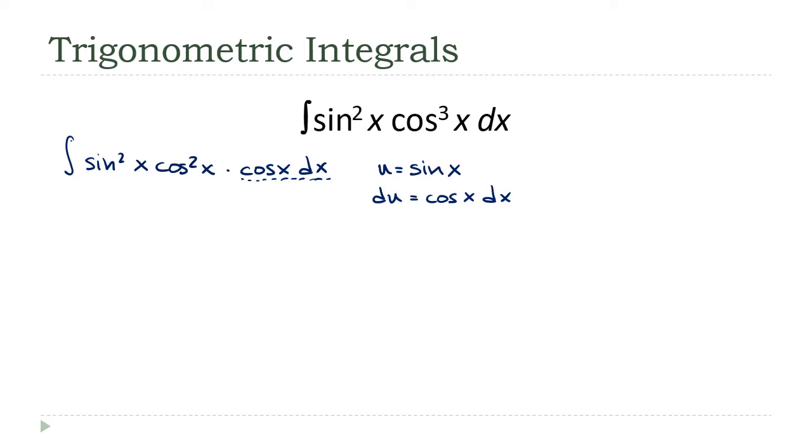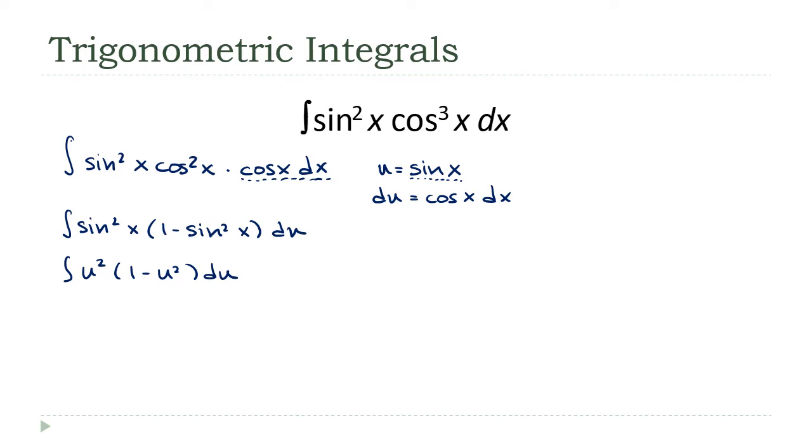And then over here, remember, I'm going to substitute u for the sine of x, so it's that cosine squared of x that I need to go away. So I'm going to make this the integral sine squared x times 1 minus sine squared x, and make this du. Now do the u substitution. This will be the integral u squared times 1 minus u squared du.